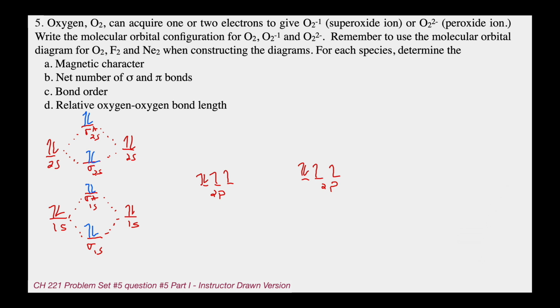Now notice that this part, we have just as many bonding as anti-bonding electrons. And if you think about it, if you have just as many bonding as anti-bonding, there's not going to be any interaction in those molecular orbitals. So one thing that's kind of cool, those electrons, all of them listed there, you can think of them as a type of core electron. They're not involved in the molecular orbital diagram.